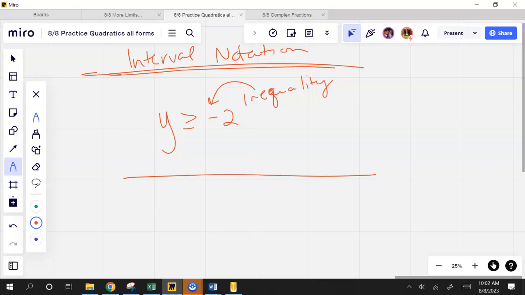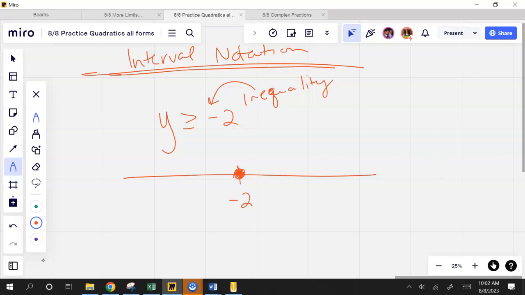All right, if I think about this on a number line, here's -2. Tell me what I do. Dot, arrow. What kind of dot? A filled in dot. Why is it filled in? It includes.